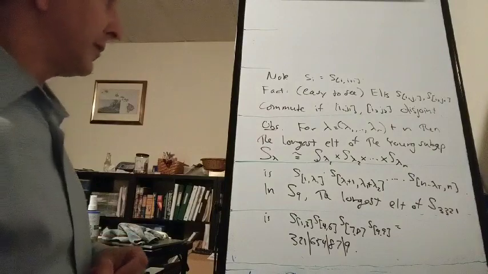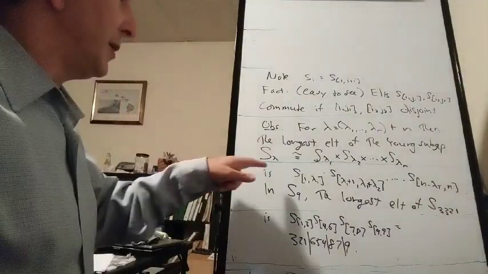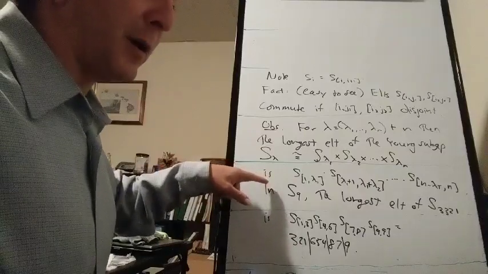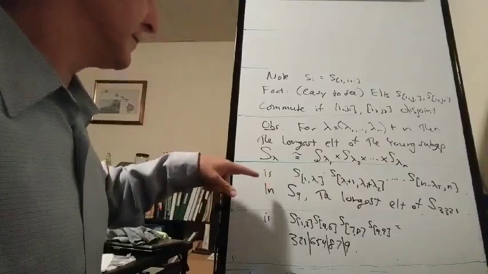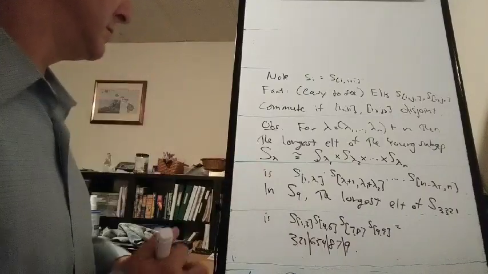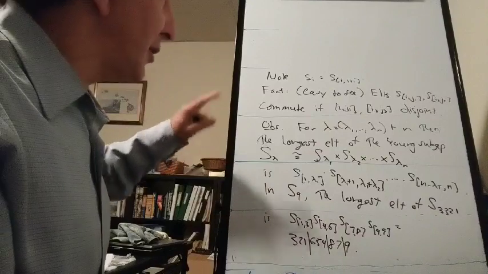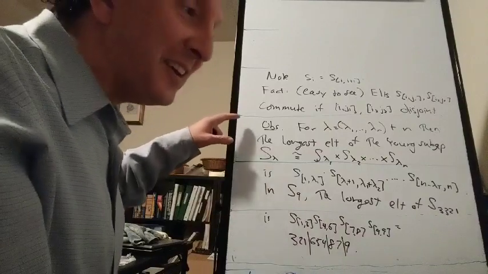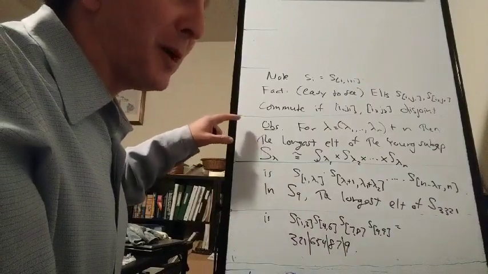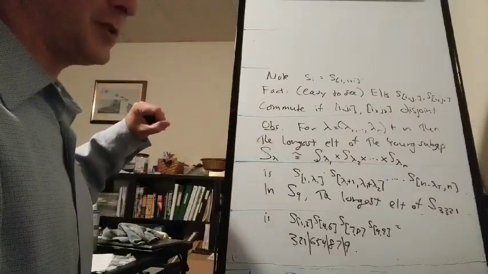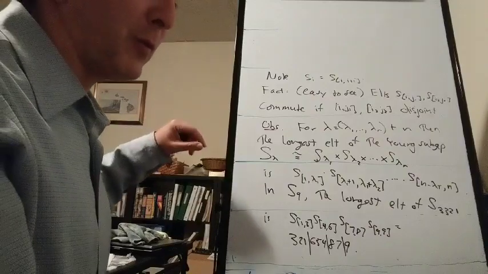Alright, now an important fact about reversals: if we multiply a bunch of reversals that are disjoint, then they commute. Another important fact is that if we multiply a bunch of these that are disjoint, then we end up with a permutation which avoids the patterns 3, 4, 1, 2 and 4, 2, 3, 1.